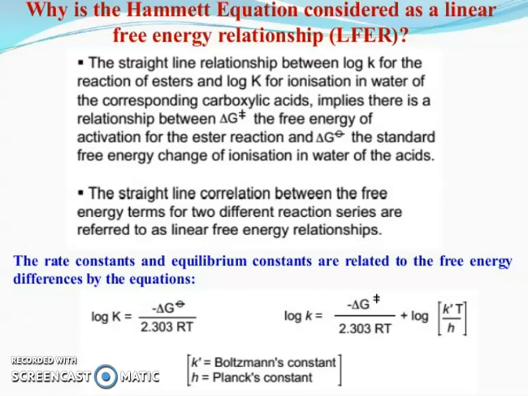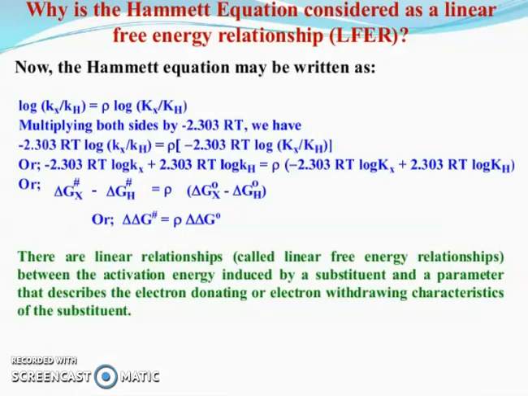The straight line correlations between the free energy terms for two different reactions are referred to as linear free energy relationships. The rate constant and equilibrium constant are related to the free energy difference by the equation: log K is equal to minus delta G standard divided by 2.303 RT, and log k is equal to minus delta G double dagger divided by 2.303 RT plus log kT by h, where k is the Boltzmann constant and h is the Planck constant.